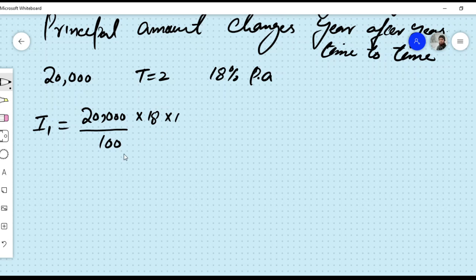So T is 1, or I cannot write 1, there is no issue. So it will come to rupees 3600, because these two will go, these two will go.